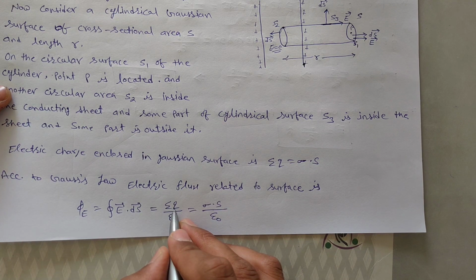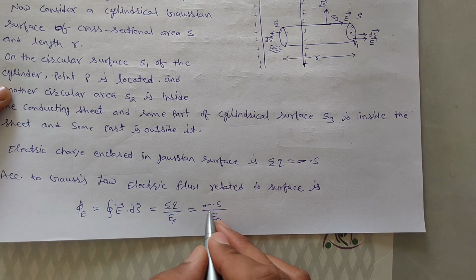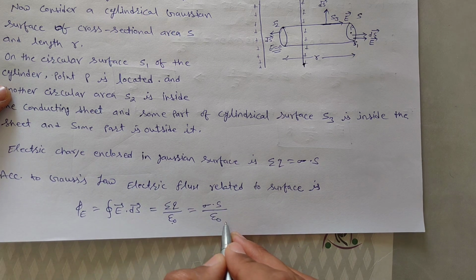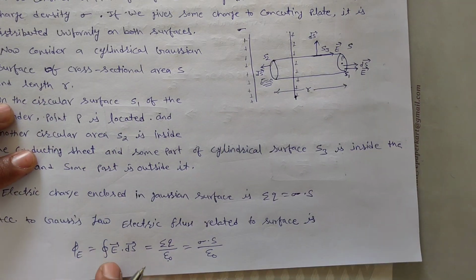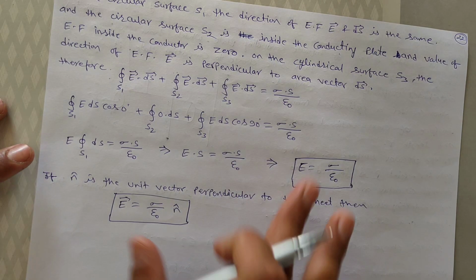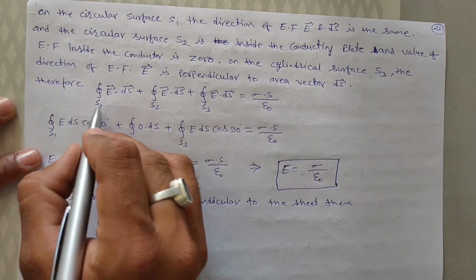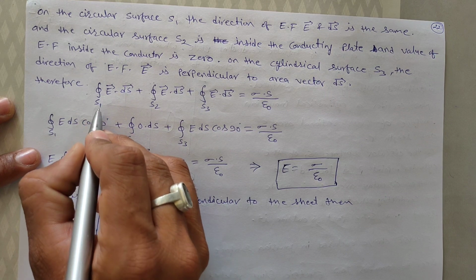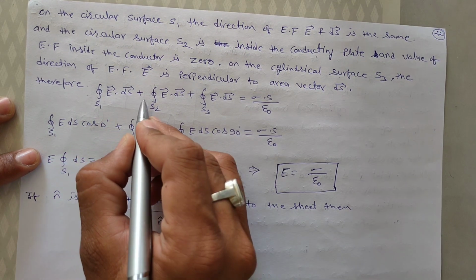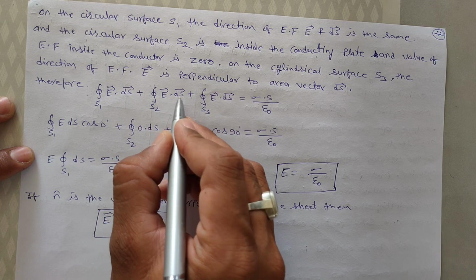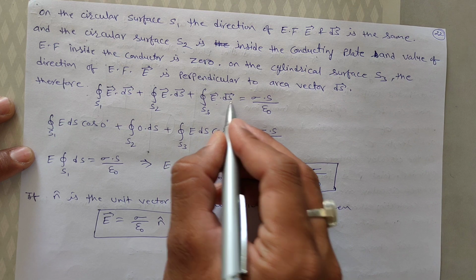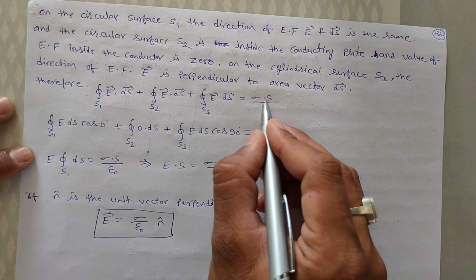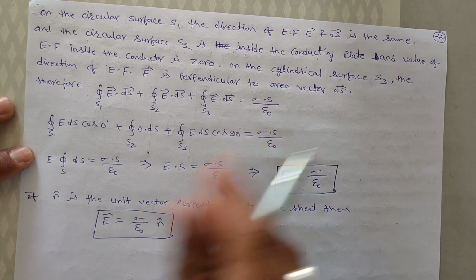Put the value of summation q, then phi e equals sigma S upon epsilon naught. From this equation, we can write for different parts like this: closed integral for S1 E vector dot dS vector plus closed integral for S2 E vector dot dS vector plus closed surface integral for S3 E vector dot dS vector equals sigma into S upon epsilon naught.